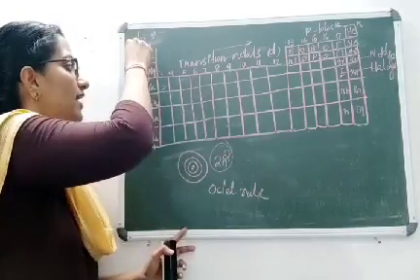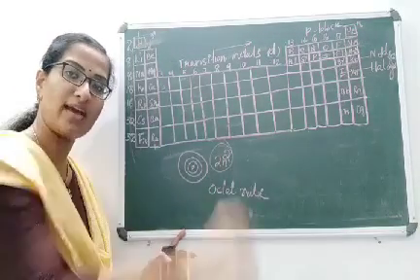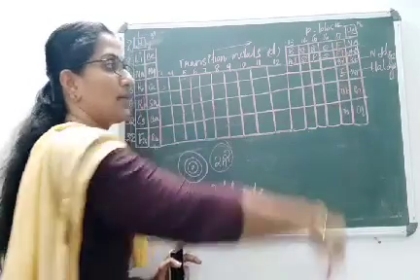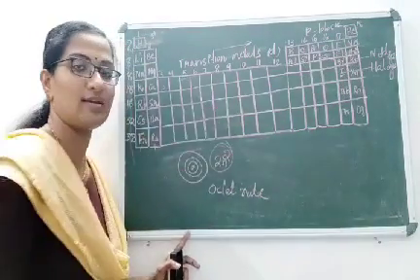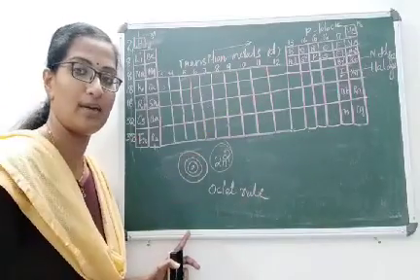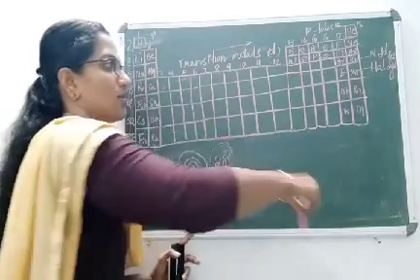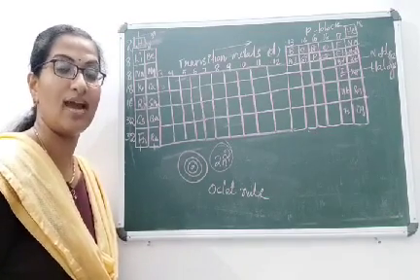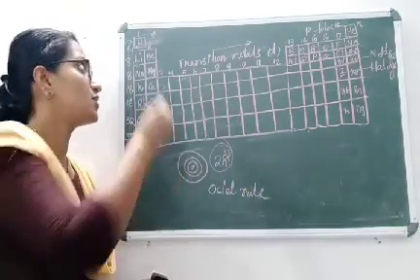Hydrogen can react with metals, and hydrogen can react with non-metals also. Those halogens can also react with hydrogen. Both show the same property. This will show a similar property and this will also show a similar property. Hydrogen can make compounds either with the halogens or with the alkali metals. Where should we place hydrogen?